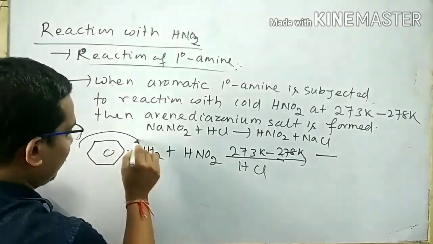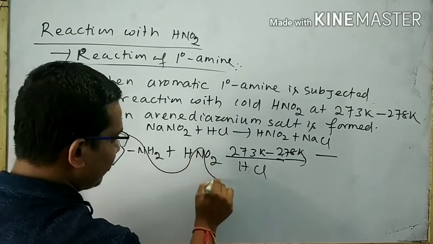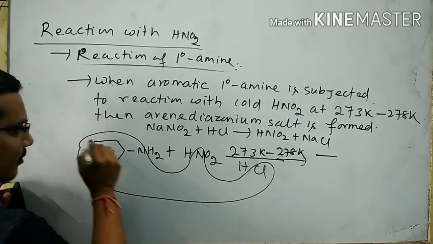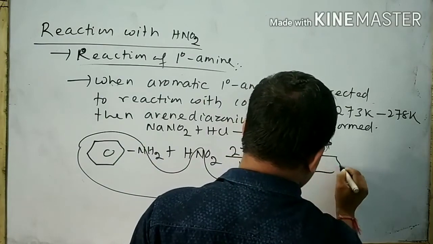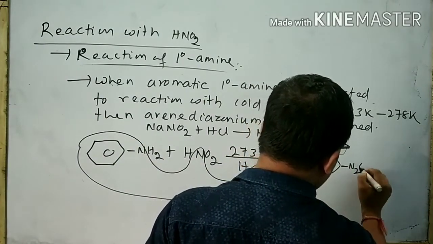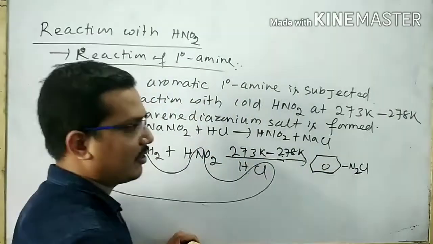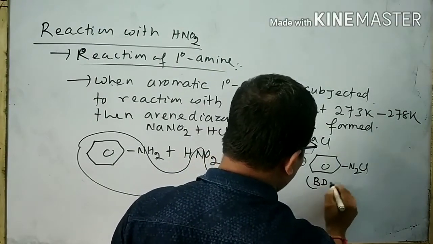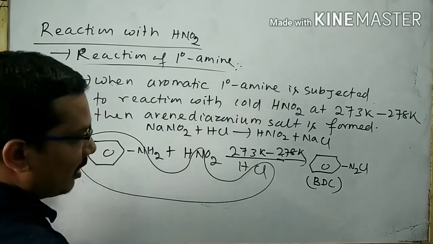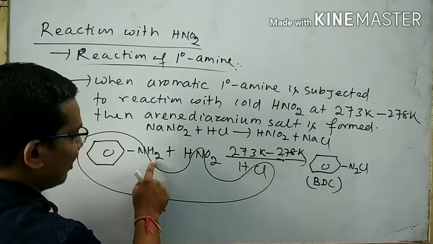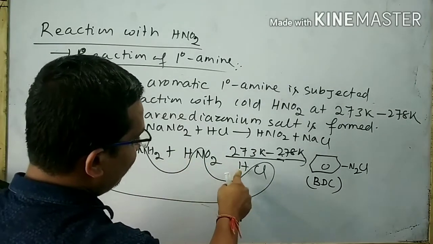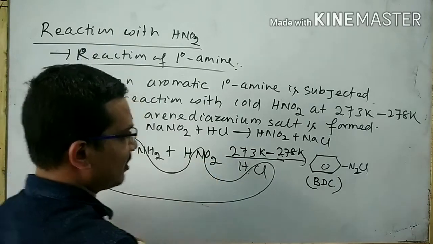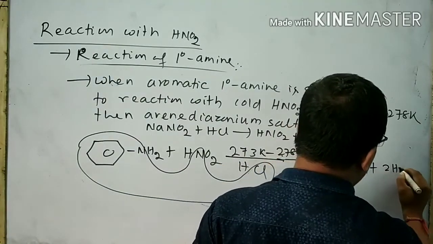This is the aryl diazonium salt. The name of this aryl diazonium salt is benzene diazonium chloride. It is shortly called BDC. And the other byproduct is two water molecules.